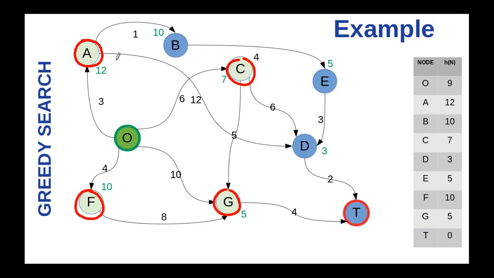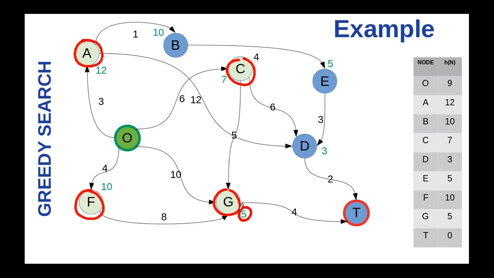Here we have a look at the list, and the heuristics of A is 12, the heuristics of C is 7, the heuristics of F is 10, but the smallest one is G, the heuristics of G, that it's only 5.